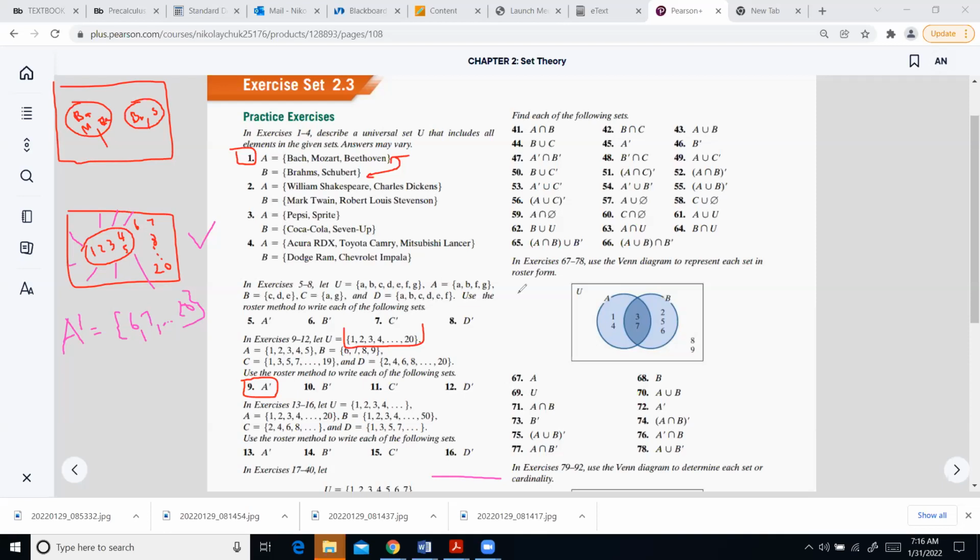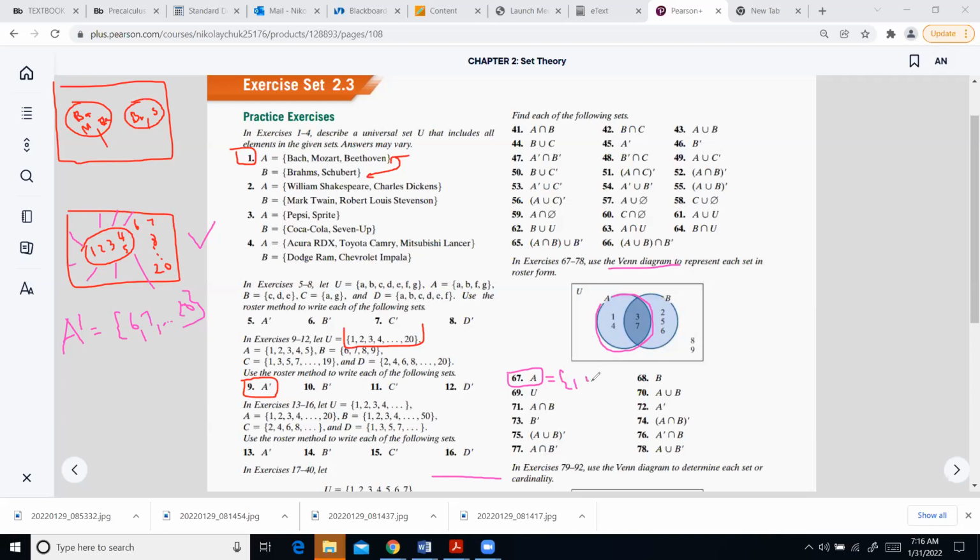So how about exercise number 67? I'm going to try to find set A from the given Venn diagram. To be able to see what elements this set has, I can just highlight it and get a little bit closer and see that it actually consists of elements 1 and 4.